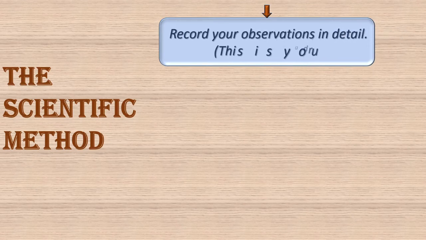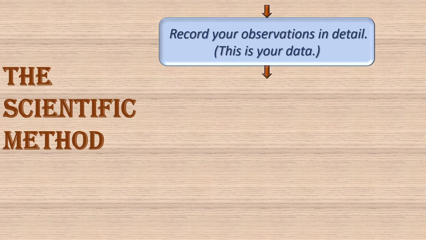That you have to record, means here record your observations in detail. This is your data, means whatever you did, that you have to record. The magnet sticks to some surfaces but not to others. This is your observation that you have to record in your notebook.